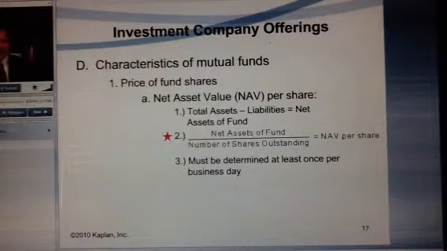The rule says that the net asset value per share must be determined at least once per business day. There's nothing that says that it can't be calculated more than once per business day, but it does need to be calculated at least once per business day.